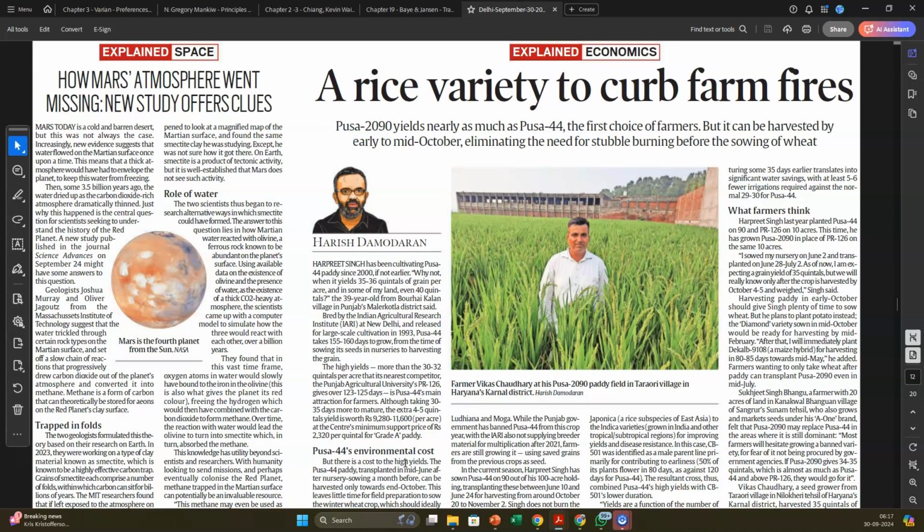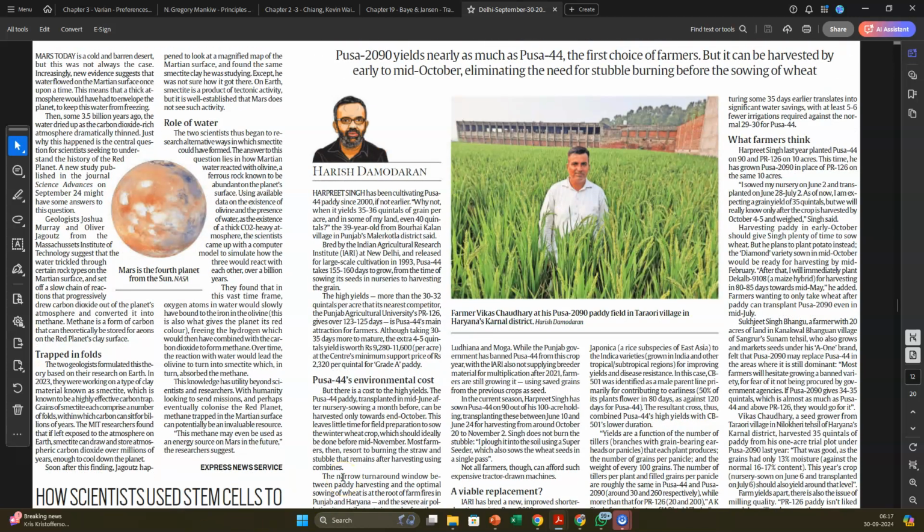So this is a problem which starts with Pusa 44, one of the favorite choices of farmers. Now, the government of Punjab has actually banned Pusa 44, because it knows that if farmers use it, they are going to do parali burning, and therefore it's going to cause pollution.